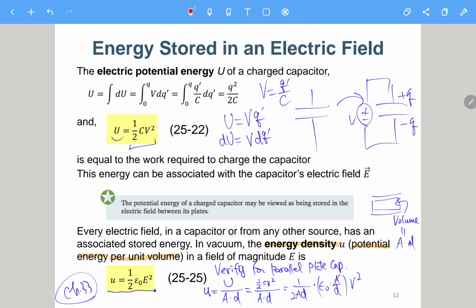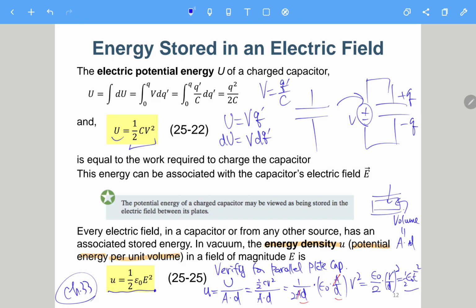We can cancel this A with this A. So altogether we have D squared, and then we have V squared. We can put them together: epsilon naught over 2, and then V over D quantity squared. And for V over D, as E is uniform, we have 1/2 epsilon naught E squared.